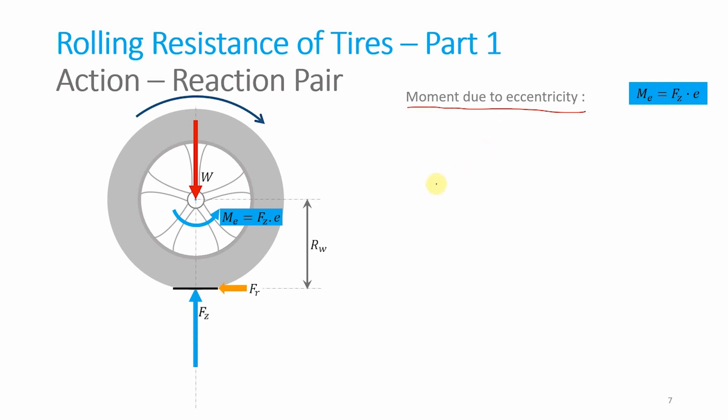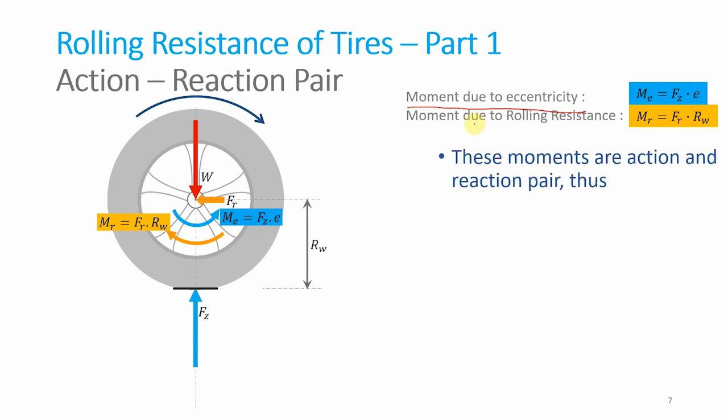Now, in order to balance this moment, we need to have another force in the entire system. That force is basically the rolling resistance. And if we shift this force Fr towards the center, then you can clearly understand that Mr is also acting in the system, which is the moment due to rolling resistance.